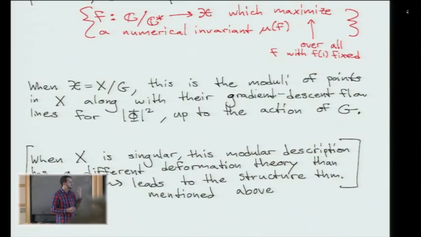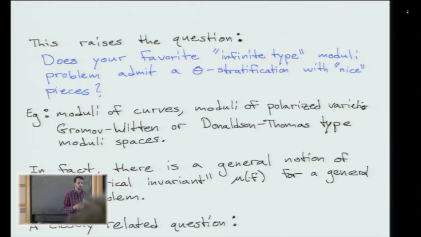So anyway, you can give the strata a modular interpretation as the moduli of maps from C mod C star into your original moduli problem that satisfy some numerical property. And this is the modular interpretation that allows the machine to churn in the case when you have a singular quotient stack.